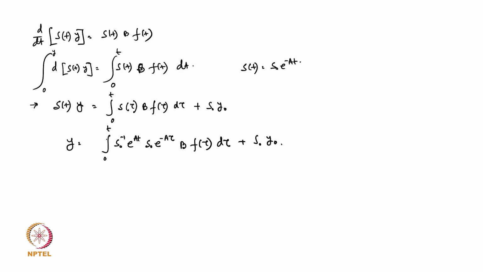Do you get that? Simple thing. This is this. Once this is coming here, this becomes S0 inverse, because that will be dividing into e to the power At. I cannot directly divide because it can be a matrix also. So that's why I put inverse instead of divide. But e to the power At is like a constant term. So e to the power of minus At will be e to the power At. Okay, got that?